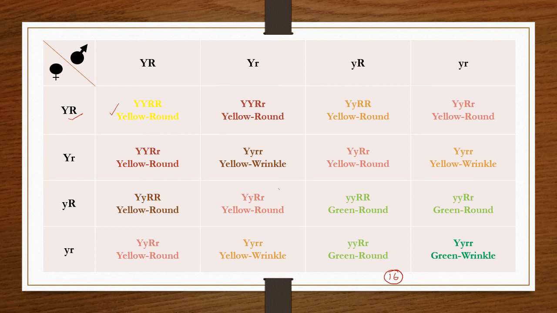Now in these 16 individuals, if you observe the line drawn here, all these are horizontal. The first row is yellow round, and come to the diagonal, it is also yellow round.